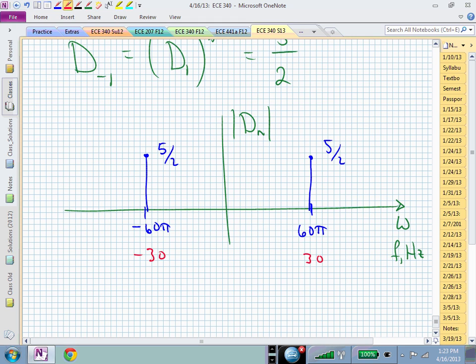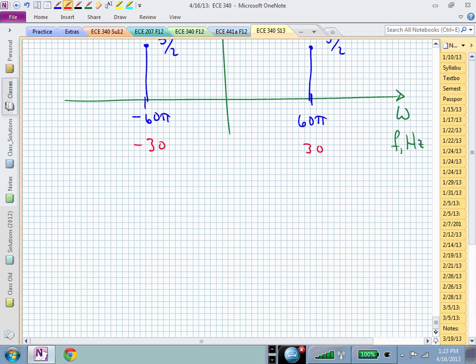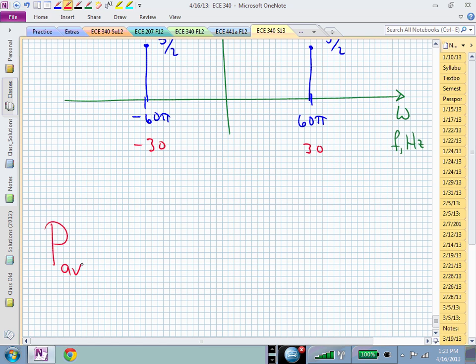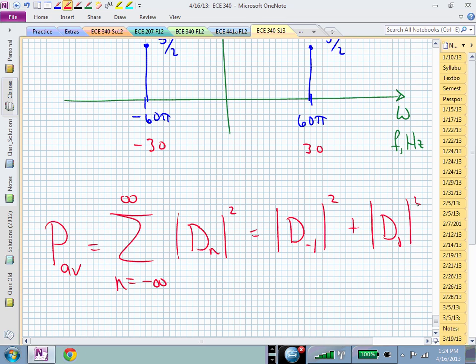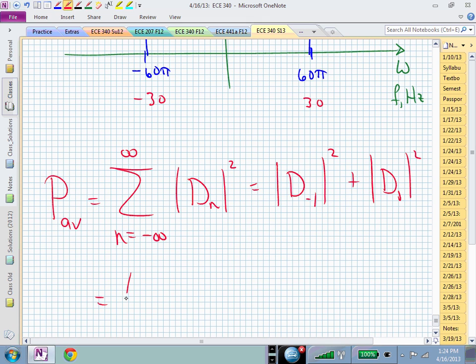How did we say to compute the average power in the frequency domain? What was our formula? That was this infinite sum, wasn't it, of d sub n's magnitude squared. But in this case, all the n's go away except for minus 1 and 1. We take d sub minus 1 and square it, and add it to d sub 1 and square it. Doing that, we now have 5/2 squared plus 5/2 squared.